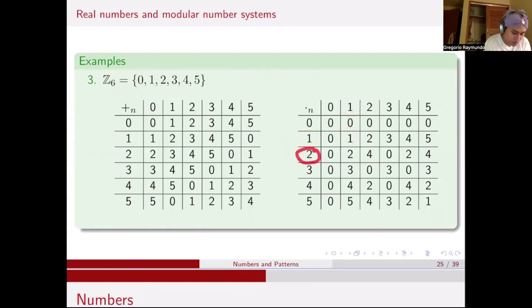Si 2, 2 times, wala. Wala siyang multiplicative inverse. Wala kang multiply sa 2 para makuha ay 1. Si 3, ganun din, wala. Si 4, ganun din, wala. Si 5, meron. 5 times 5 is 1.